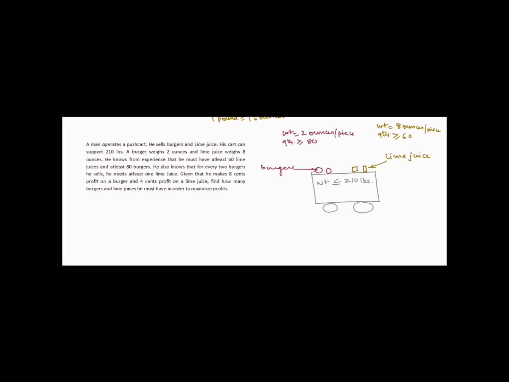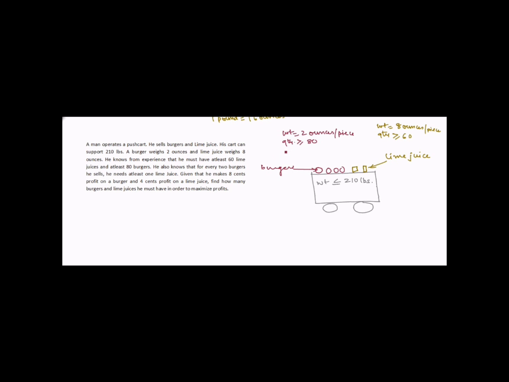He also knows that for every 2 burgers he sells, he needs at least 1 lime juice. So basically he needs twice the quantity of burgers as compared to lime juice. So here we have shown two lime juices, so he will have to carry 4 burgers. Now we have also been given that he makes 8 cents profit on a burger and 4 cents profit on a lime juice.